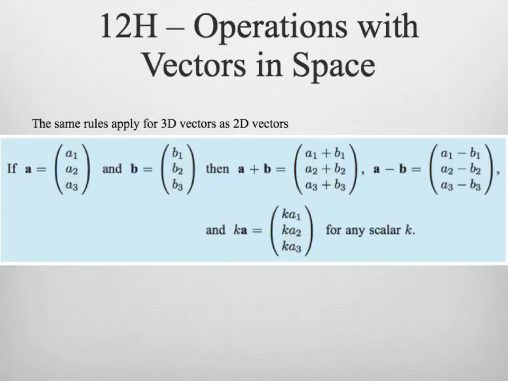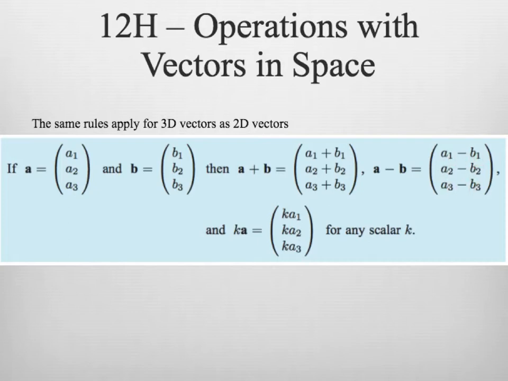We're going to say if A is A1, A2, A3, and B is B1, B2, B3, then when we add these two vectors, we can simply add their coordinates. We can add A1 and B1 together to get the x value for our resultant vector. Same thing with subtraction.